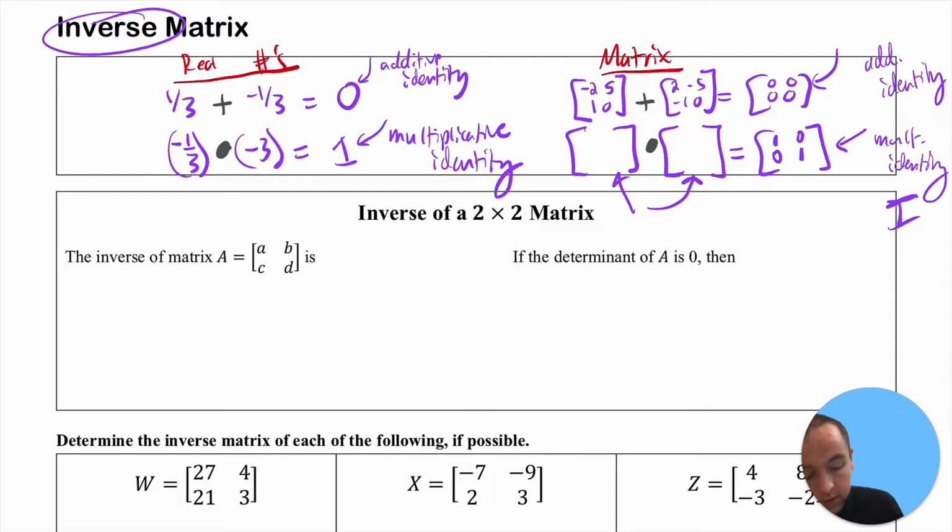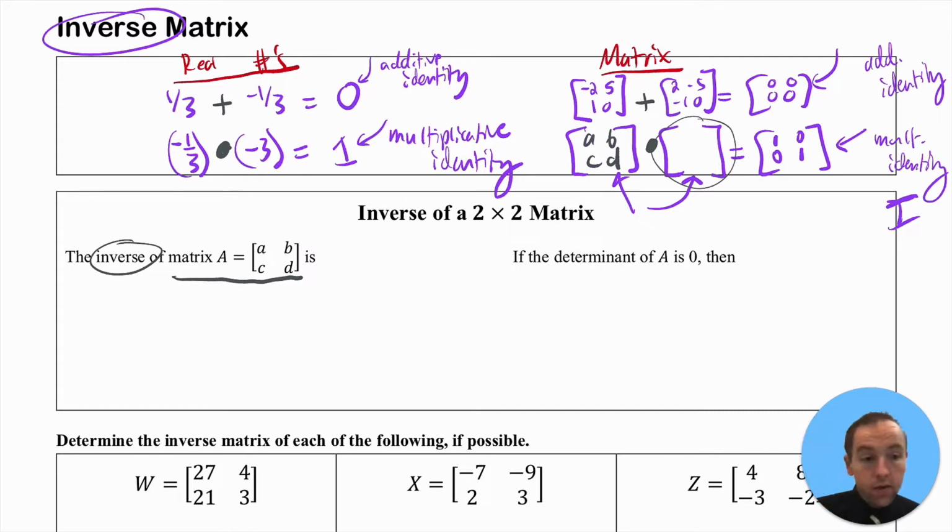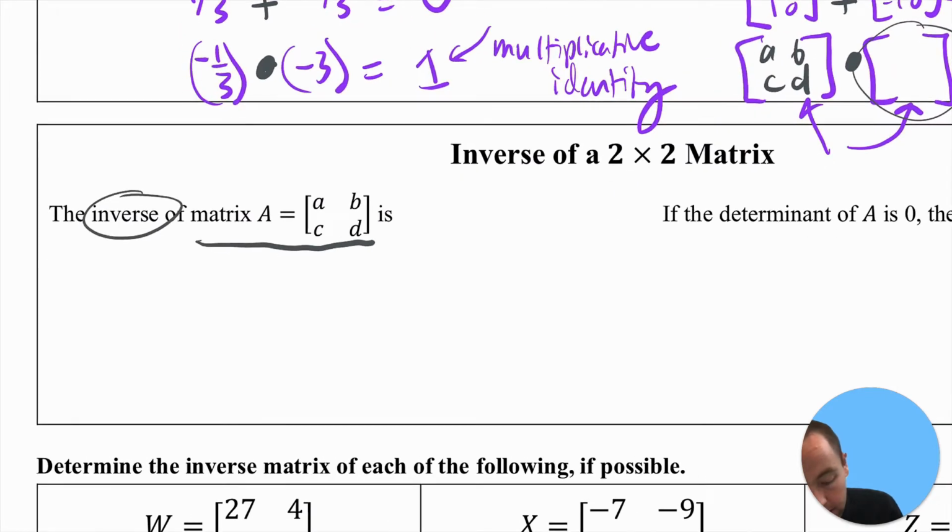If we assume that this first matrix has elements A, B, C, D, then I'm going to define what this other matrix needs to be. So here's your A, B, C, D matrix. The inverse of it, so the matrix you would need to multiply with this given matrix, would have to be the following.